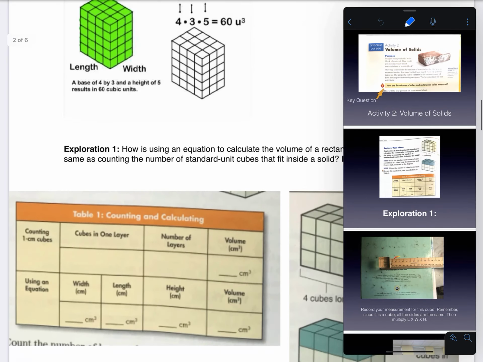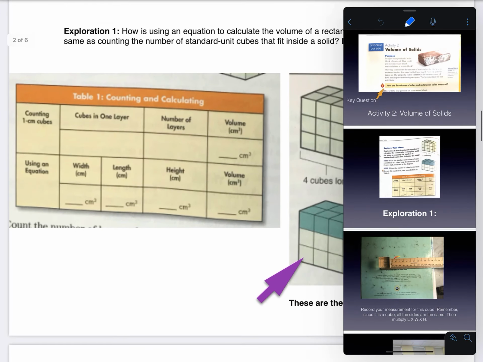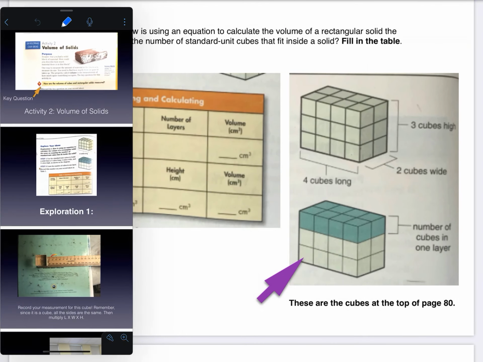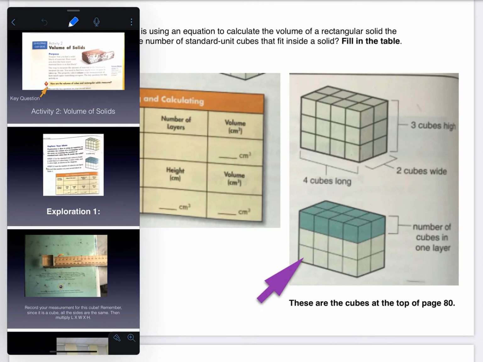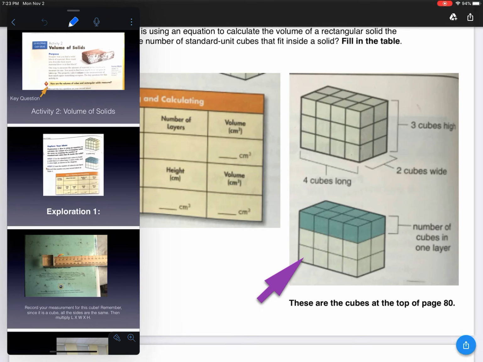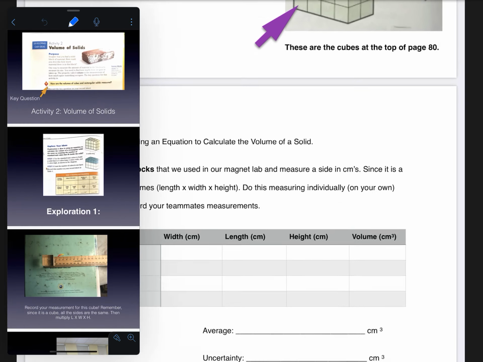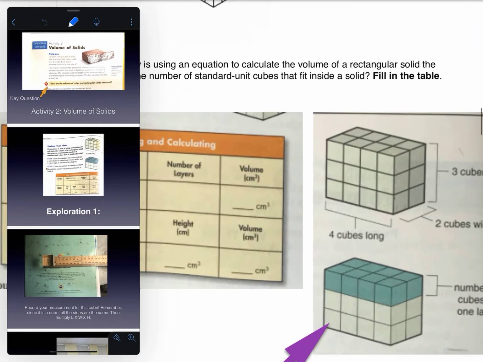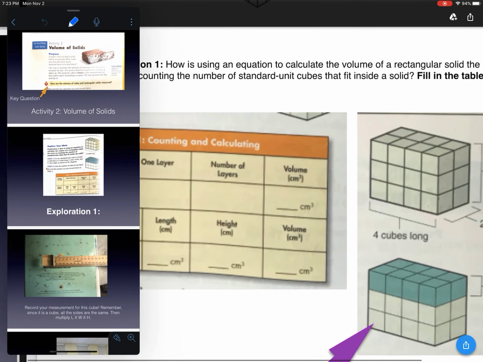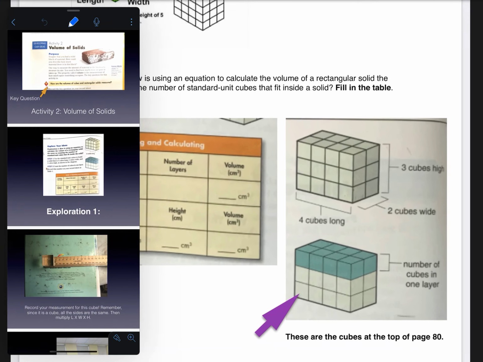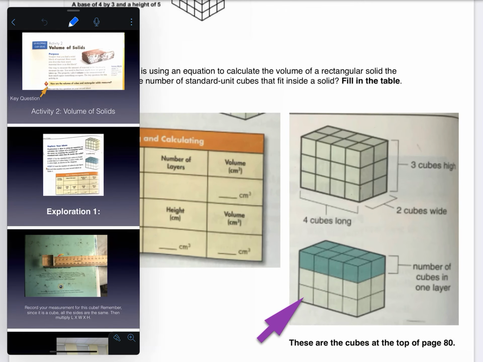And in the first exploration, which I have written here, you're using these boxes over on the right to fill in the table at the bottom of the first page, or the second page, I think. You're using those to fill in this table right beside it, on the left hand side, and you're filling them out both ways.